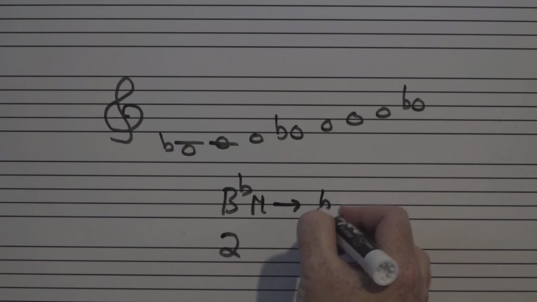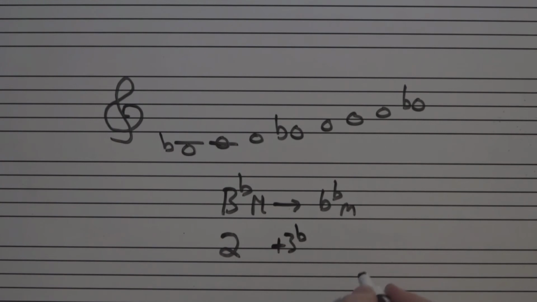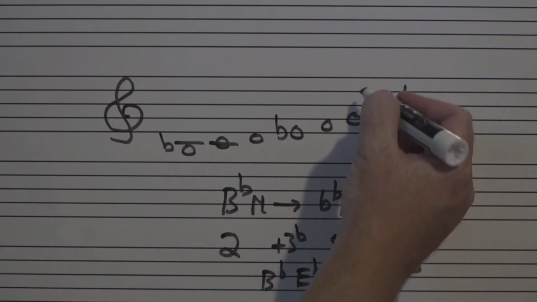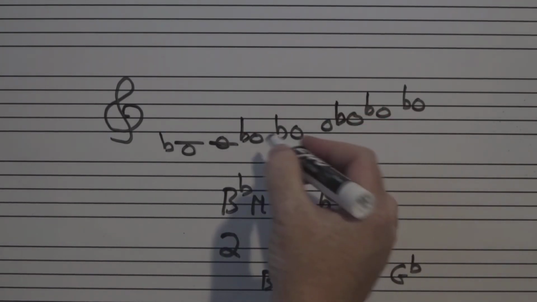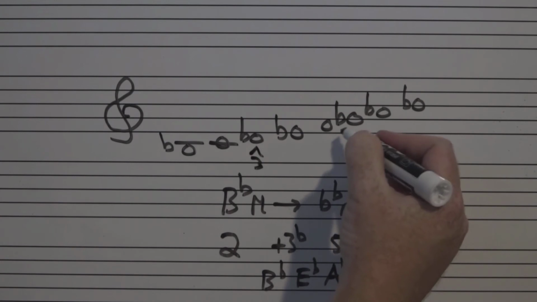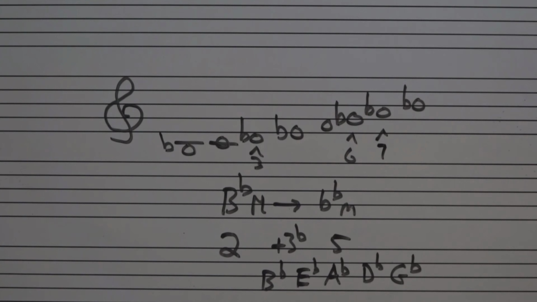To go to B flat minor, we simply add 3 flats, which will be 5. So we have our order of flats: B flat, E flat, A flat, D flat, and G flat. And we already have B flat and E flat, so let's add A flat, D flat, and G flat. Scale degree 3, scale degree 6, and scale degree 7.